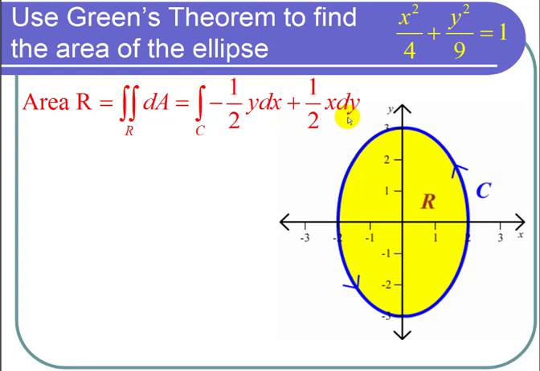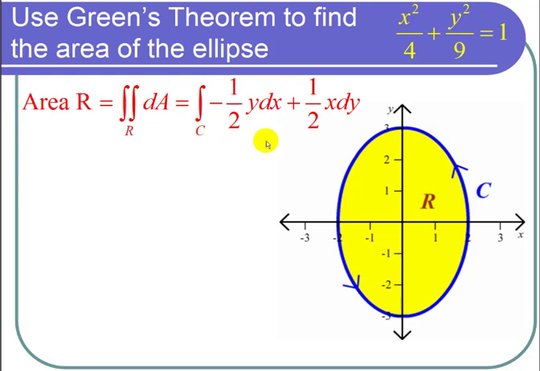And the reason for that is if we take N sub x, we get a half. And if we take M sub y, we get negative 1/2. So N sub x minus M sub y is 1/2 minus a negative 1/2, which is 1. And that is a double integral over R of 1 dA.